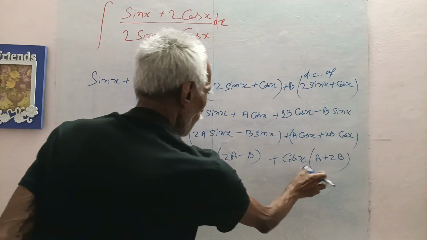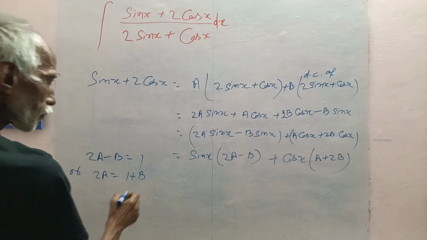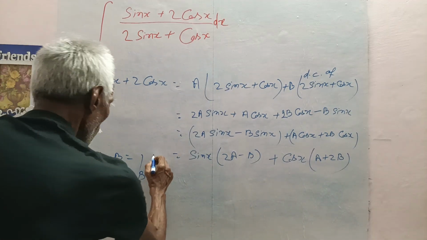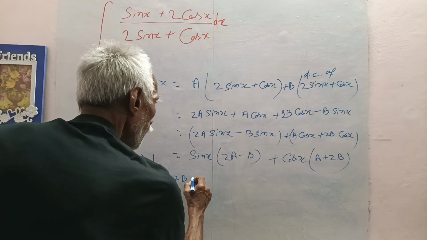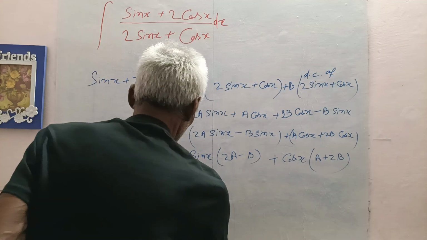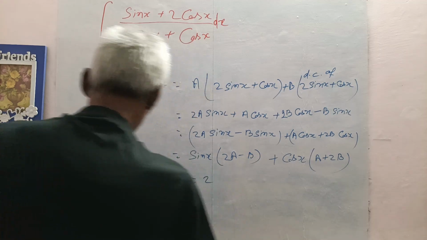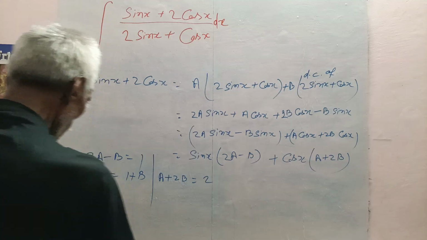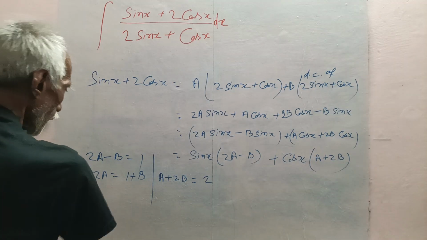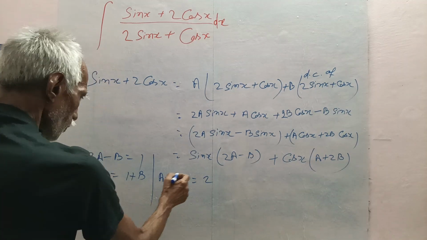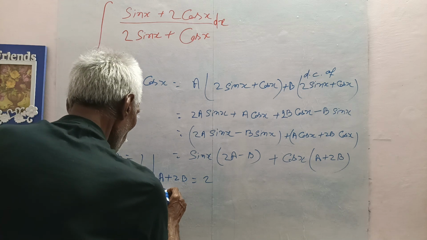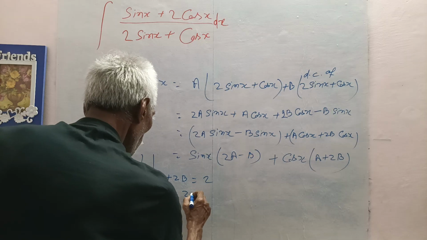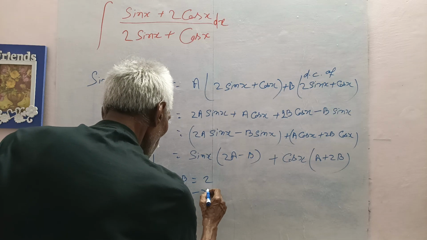From here, a plus 2b is equal to 2. Now put the value. From here, a is equal to 2 minus 2b.